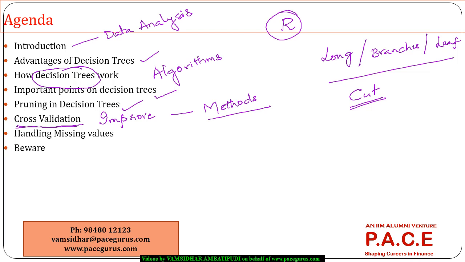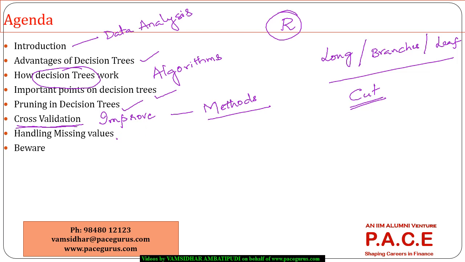When we take up data sets from the next session onwards, we will be doing cross-validation on the data sets. But here, because this is a conceptual session, we'll try to understand why we really need to do cross-validation and how we do it.